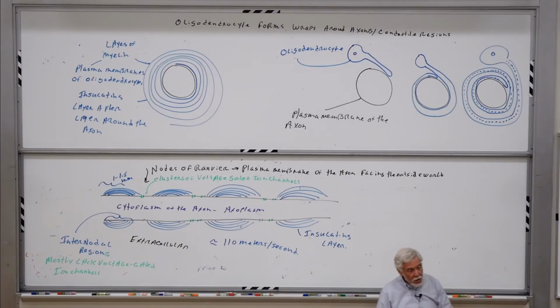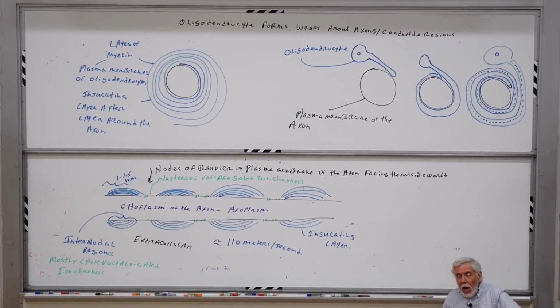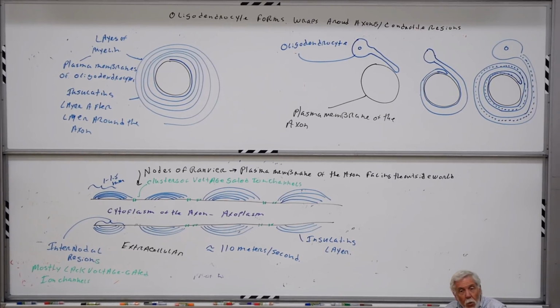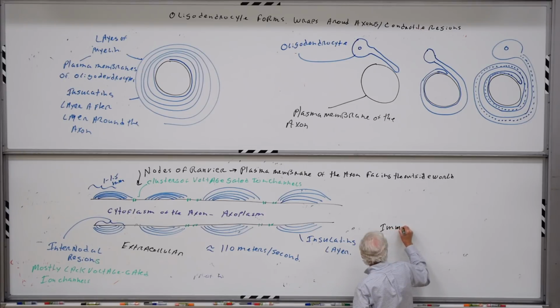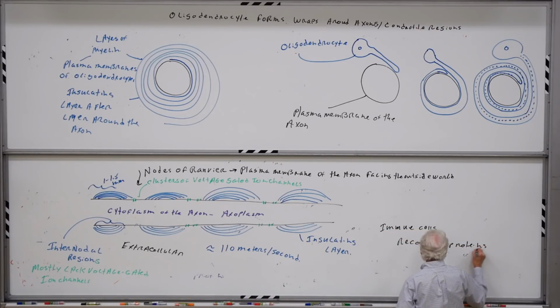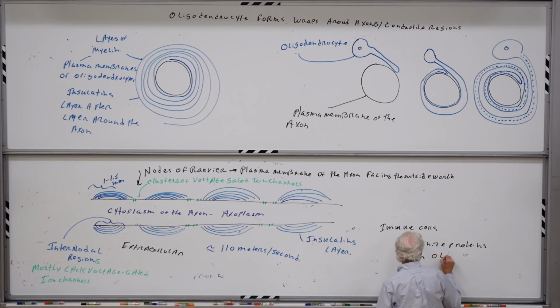Multiple sclerosis is a disease where people start having difficulty controlling muscle and other activities. And what the disease is, it's an autoimmune disease where the immune system, immune cells, recognize proteins on oligodendrocytes as foreign.